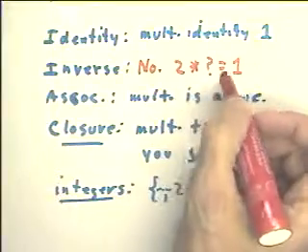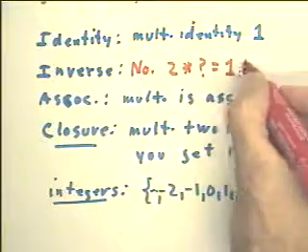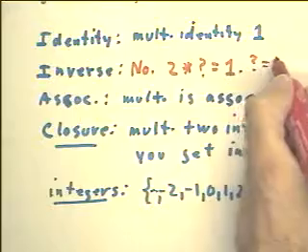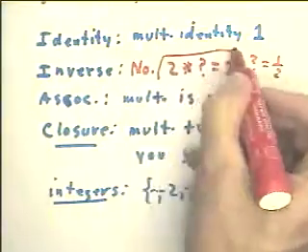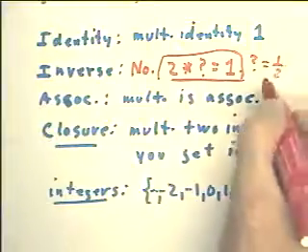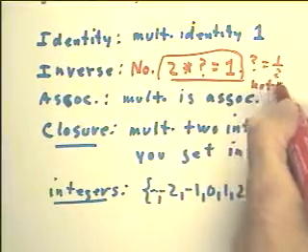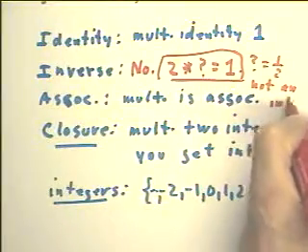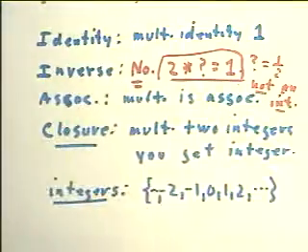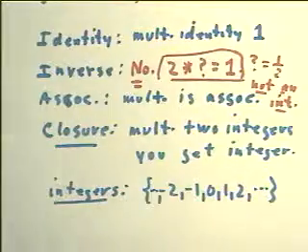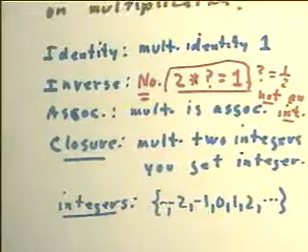Well, 2 times what equals 1? The what is 1/2, which is not an integer. So we don't have the inverse property. Integers on multiplication lack the inverse property.